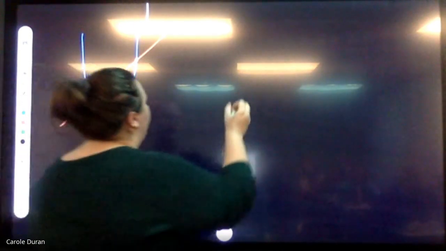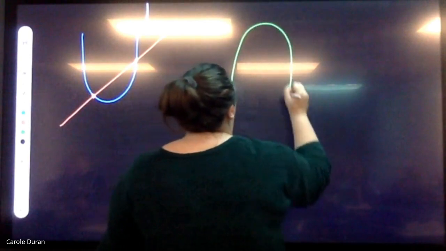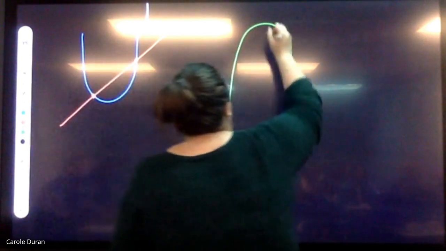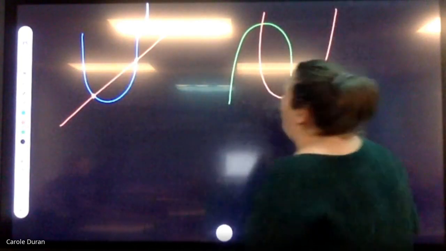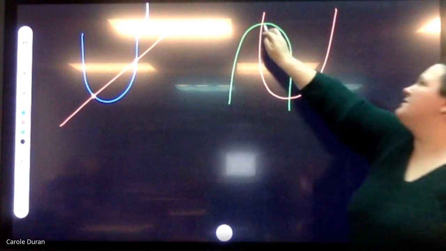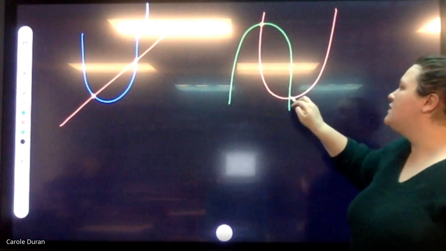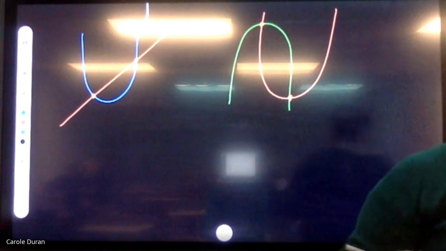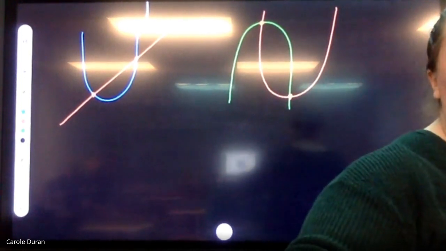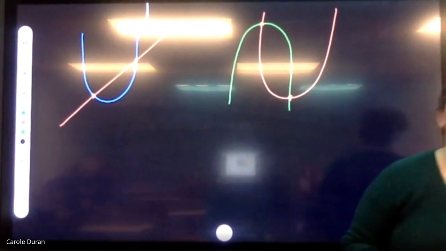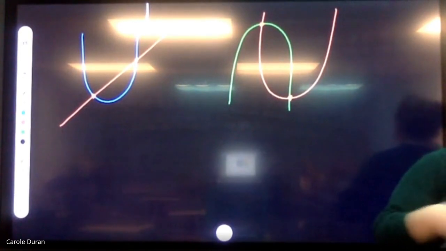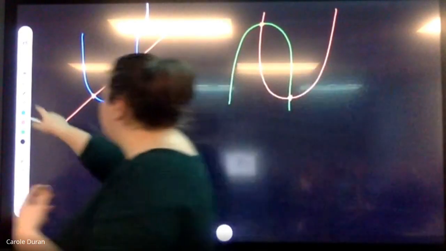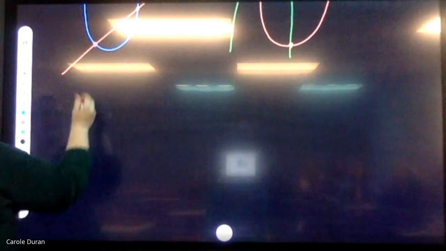If I'm talking about a parabola and another parabola, I could have two intersection points. Okay, so what we're looking at is not necessarily straight lines or a system that includes lines that are not straight. We could also have two parabolas that graph to the same shape.